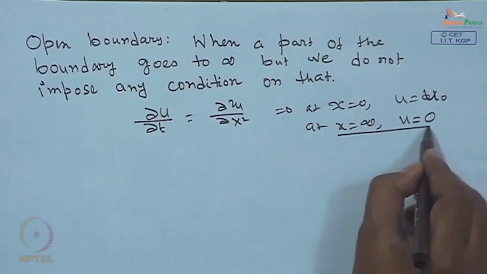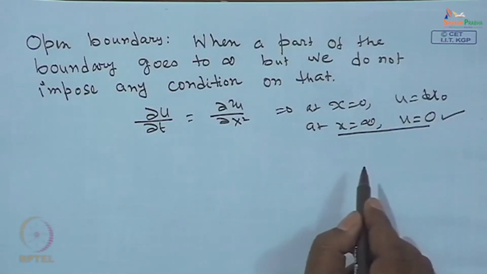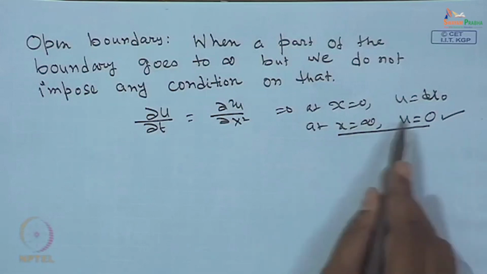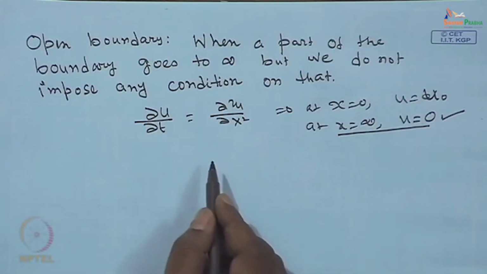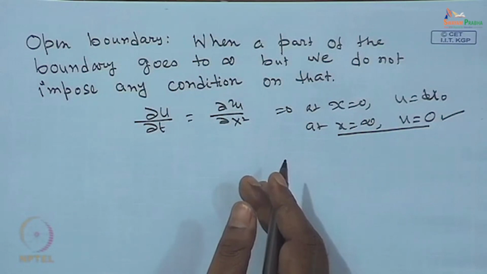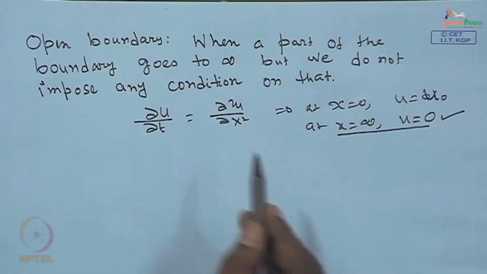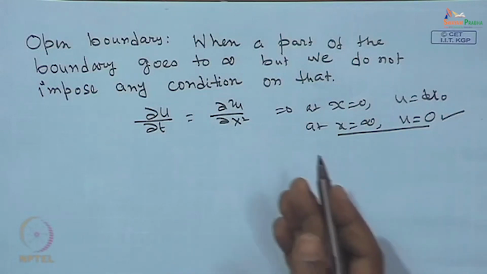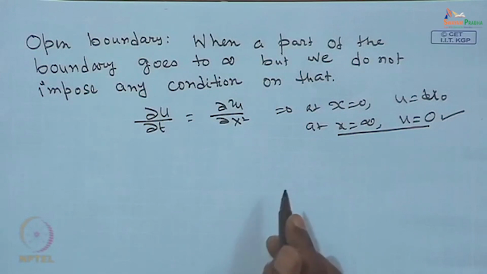Now, although this boundary is situated at infinity, since this condition is specified, this is a case of closed boundary condition. On the other hand, if you look into the other boundary of t, that is open and goes to infinity, but we cannot impose any condition on that t. So, therefore, the boundary at t equal to infinity is an open boundary.